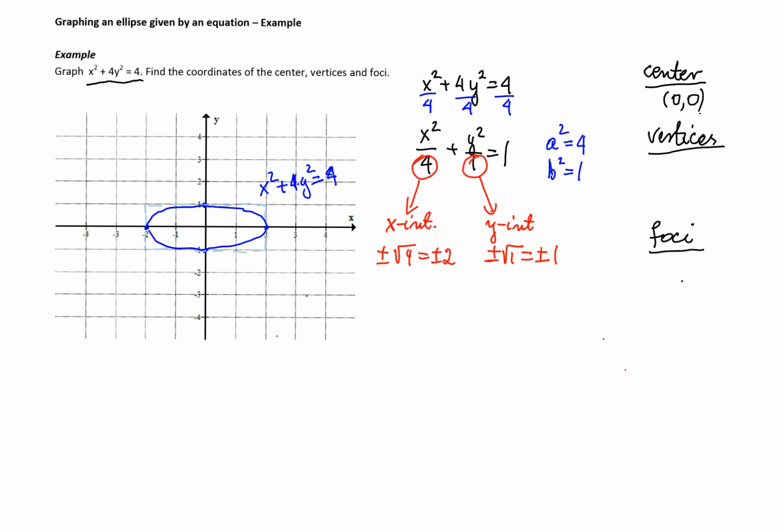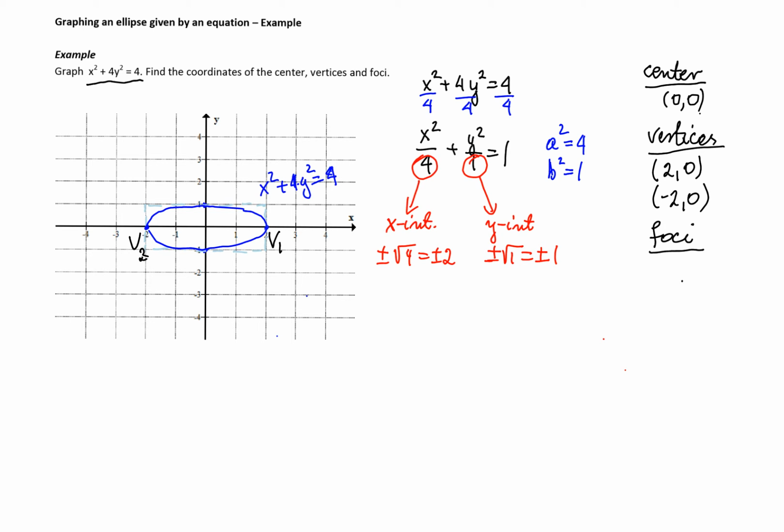We remember that the major axis is longer, and therefore it is the segment going from negative 2 to 2, and the endpoints of that major axis are the vertices. This is v sub 1, this is v sub 2. So the vertices, reading from the graph, are 2, 0 and negative 2, 0.